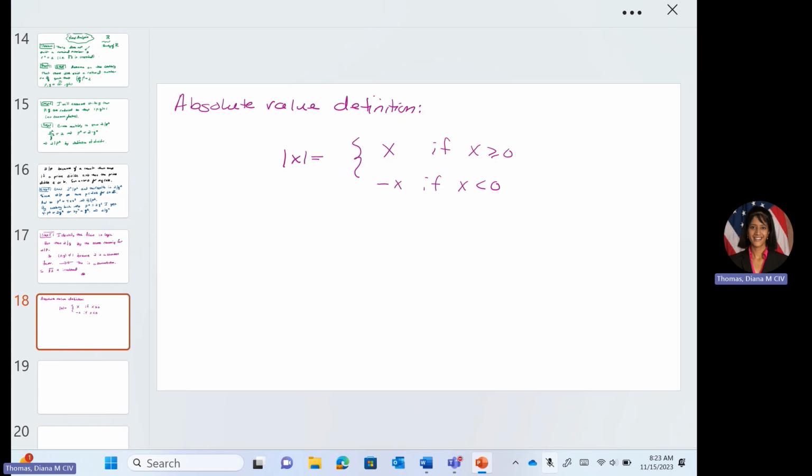You need that first, and then you're going to get this thing called the triangle inequality. The way you prove that is by using the definition of absolute value, case by case.